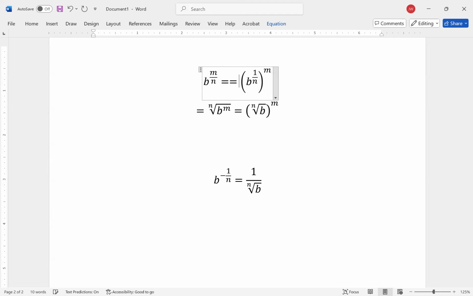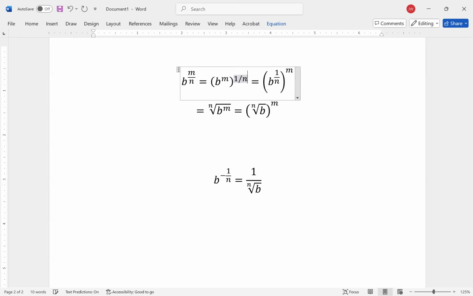But we could have also written this as b raised to the mth power, all raised to the fraction 1 over n, which is exactly what this one is. m times 1 over n is m over n. 1 over n times m is m over n as well. So if I want the power rule to work with other exponents, then I need my rational exponents to all work this way.